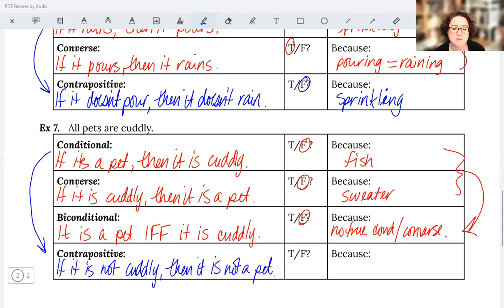What do you think, true or false? Well, yeah, are there pets that are not cuddly? Sure, we could have fish. Many lizards wouldn't be cuddly. I don't think something like a tortoise would be very cuddly per se, but multiple examples with what could be untrue.